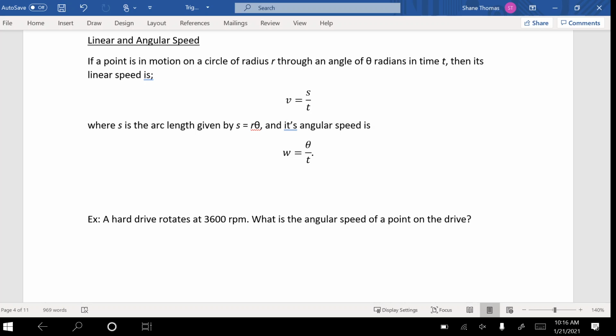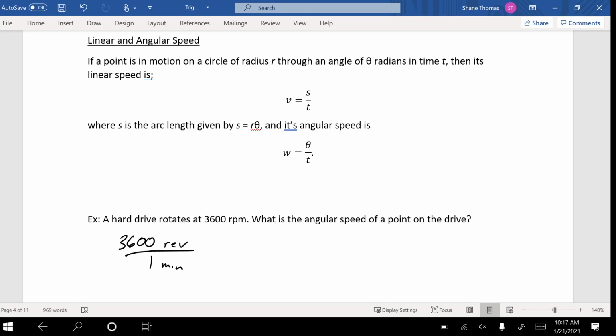So what is our speed right now? 3,600 RPM. One rotation is the same as a revolution, right? The word means the same. So that means every minute we're making 3,600 revolutions. Would you agree with me?